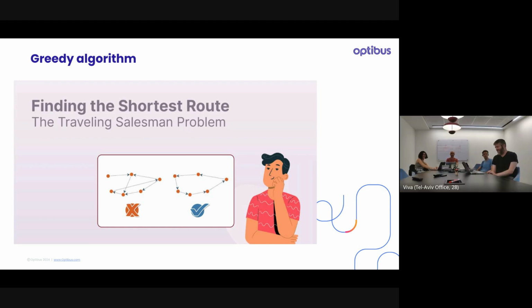Yeah. So, this problem is also NP-hard or NP-complete, so you can't solve it exactly. What is the problem? You have several places or stops, and you know the distances or the time between all of the stops, and you want to find the shortest route if you want to go on all of the stops.